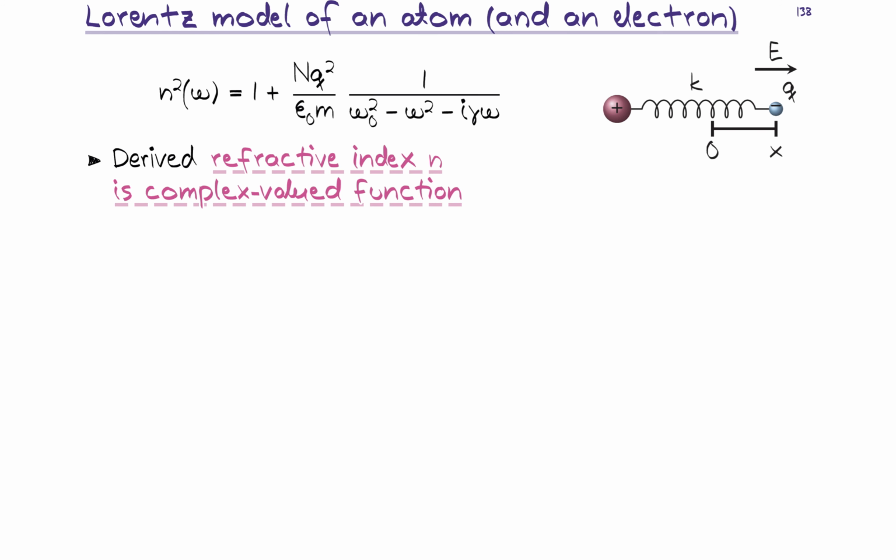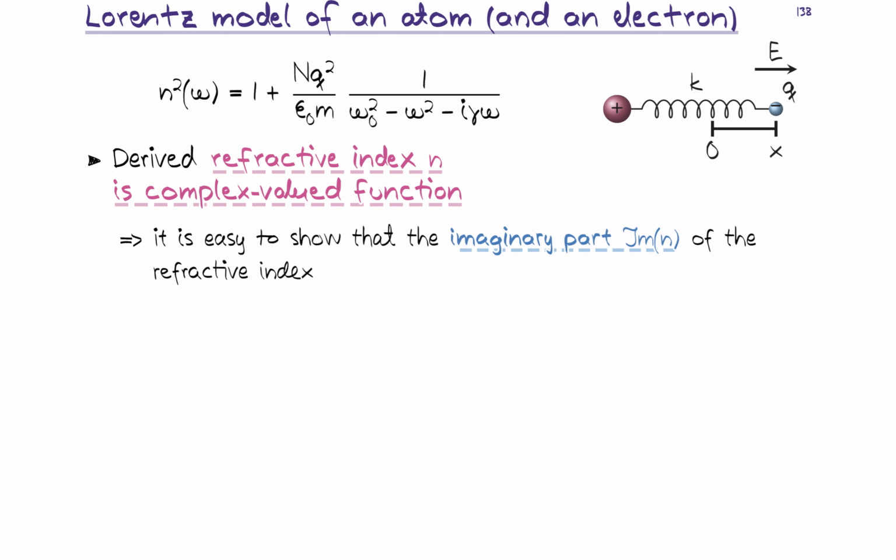We do not do the derivation here, but we can easily show, by letting a field propagate in a material with a complex valued refractive index, that the imaginary part of the refractive index corresponds to absorption.